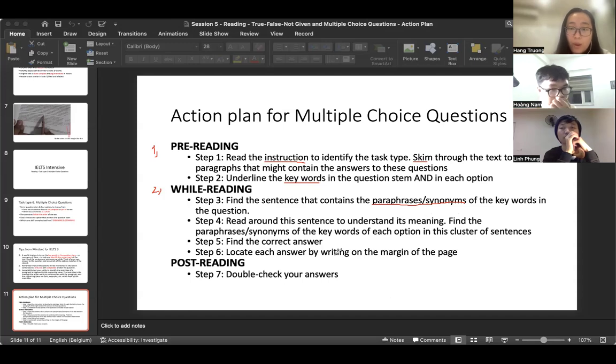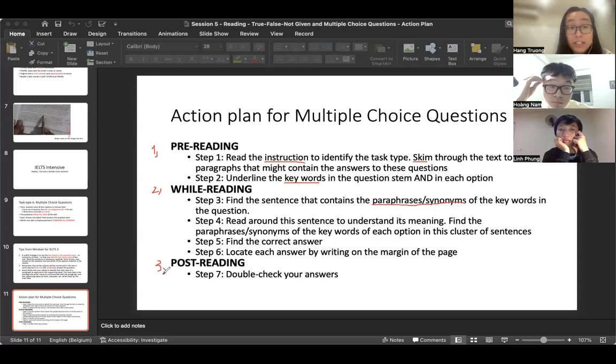All right, and when we can identify the location already, then we will read around this part to get a closer understanding of the meaning. When we finish doing that, we can find the answer and use the pencil or the mouse, if you do it on computer, to mark the number of questions on the margin, so that in the last step, post reading, you can double check your answers.